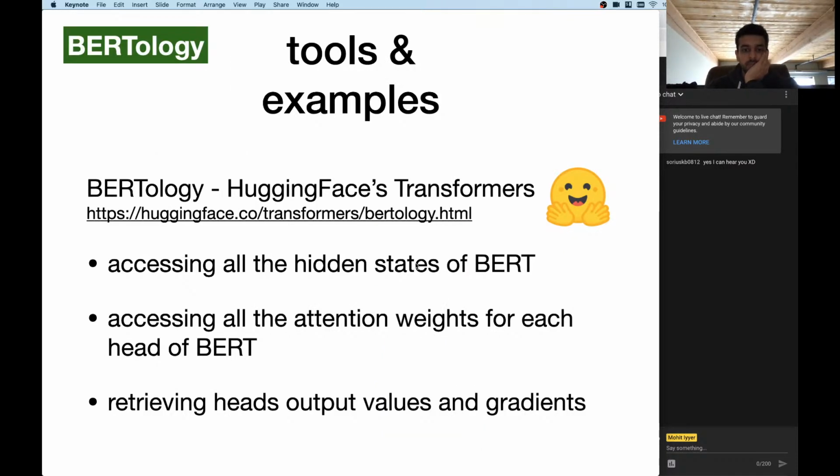So Bertology is basically just a way to extract different parameters from the model, accessing hidden states of BERT or the attention scores, and also retrieving the values of particular heads and their gradients.